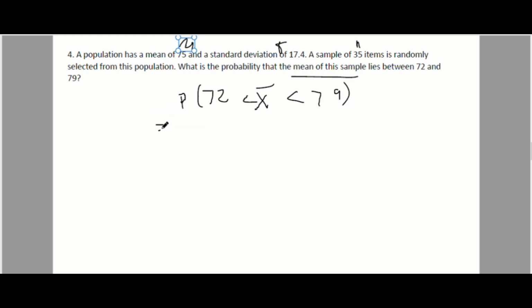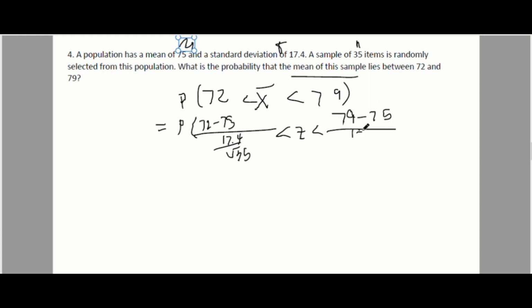So using the formula for z for the central limit theorem, we have now 72 minus 75 over 17.4 divided by square root of 35. So this is z. We have now 79 minus 75 over 17.4 divided by square root of 35.